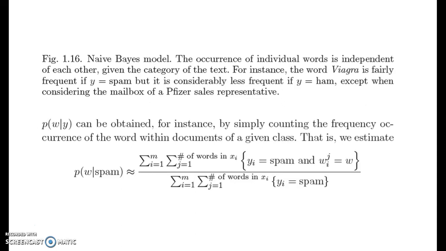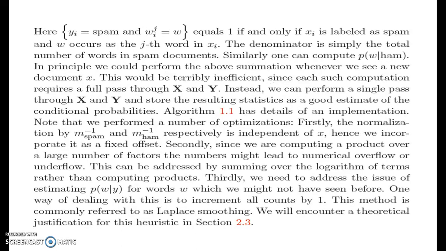That is, we estimate that P of w given spam is approximately equal to the sum over i equals 1 to m, and the sum over j equals 1 to the number of words in x_i, of the indicator that y_i is spam and w bar ji equals w, divided by the sum over i equals 1 to m, and the sum over j equals 1 to the number of words in x_i, of the indicator that y_i is spam. Here the indicator is 1 if and only if x_i is labeled as spam and w occurs as the jth word in x_i.